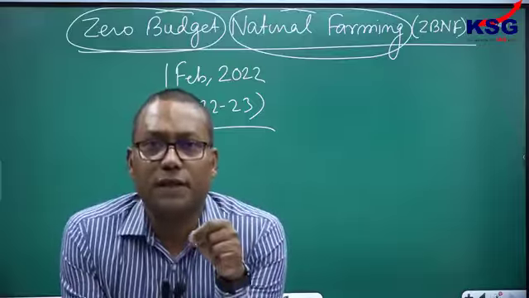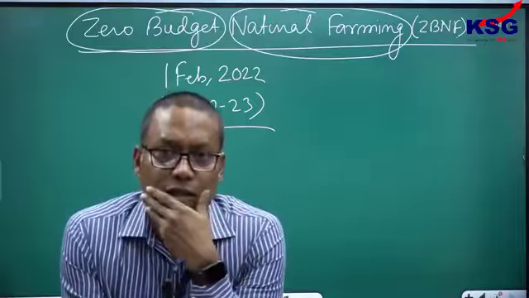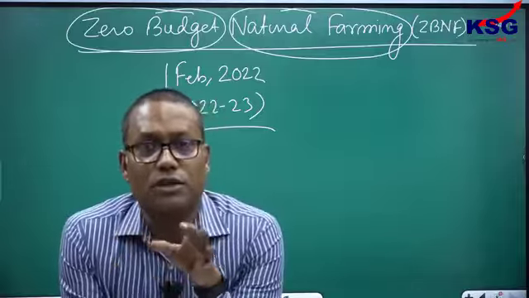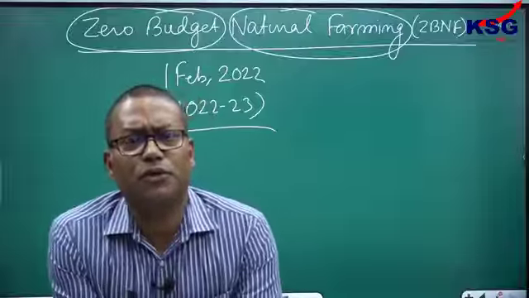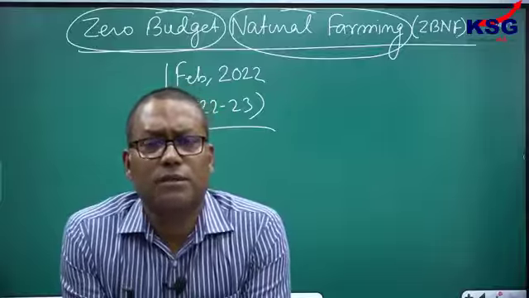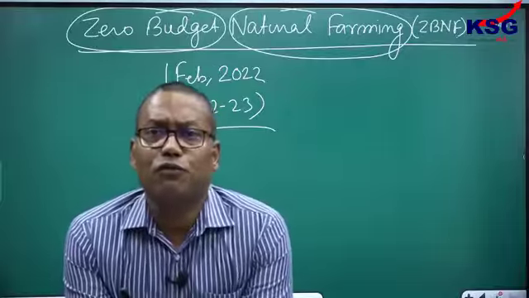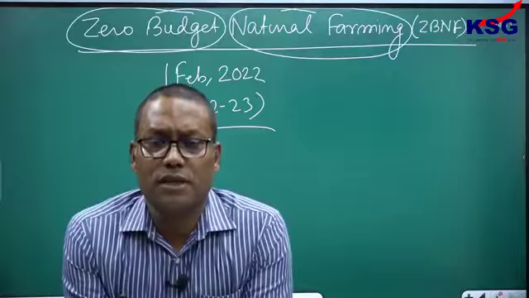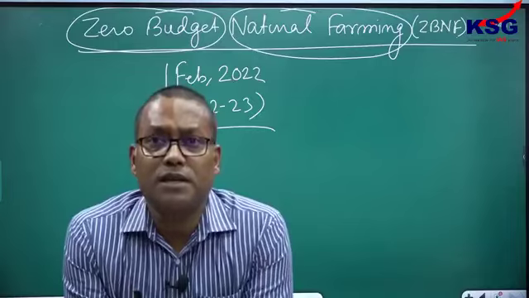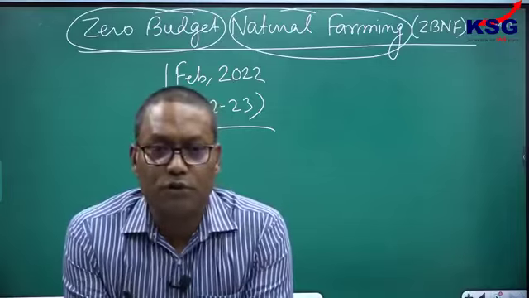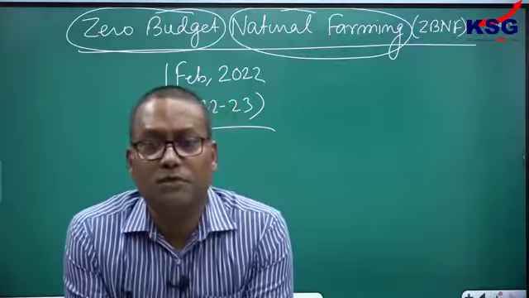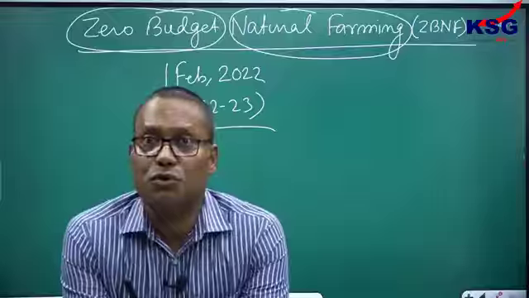If you see the pattern of agriculture, farmers in the northern states basically prefer traditional products like rice, wheat, and pulses. But southern state farmers prefer to go for cash crops and commercial crops. They are taking a risk, because cash crops and commercial crops are not subject to the MSP. In these crops, you can get higher production and higher price, but if something goes wrong, it gives you a huge loss.